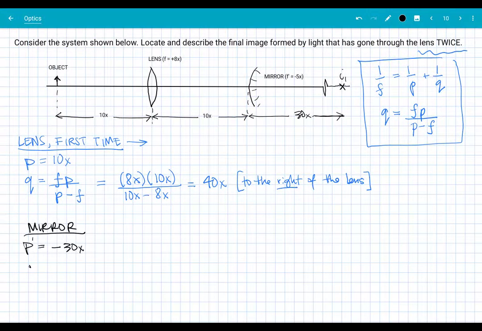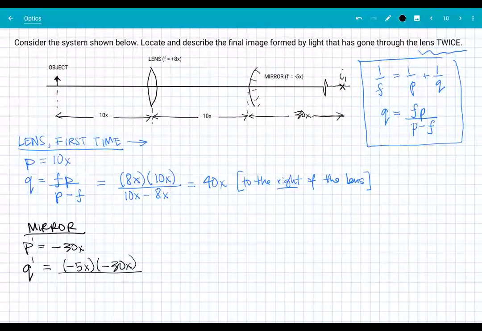All right, now let's find our second image, which is the image created by the mirror. We're using the same equation. I'm going to use the mirror focal length, which is negative 5x, multiplied by the object distance, negative 30x, all over negative 30x minus negative 5x. Use parentheses here, right? You don't want to just drop signs or do the sign math in your head.